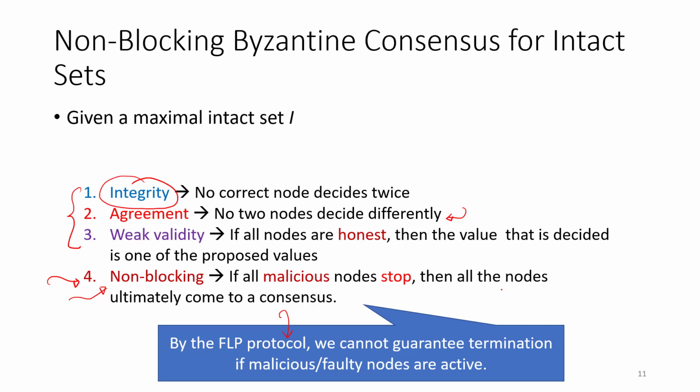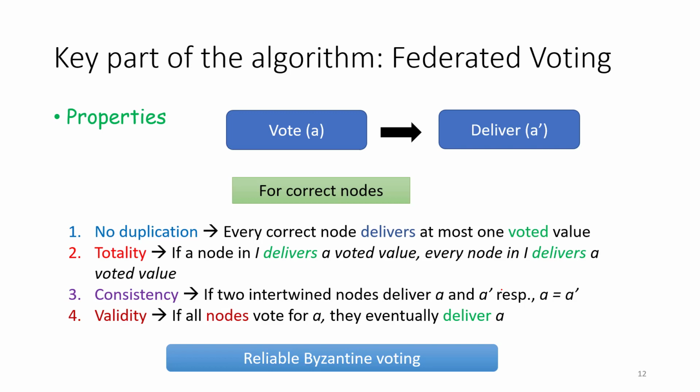So we have these four properties, which are the consensus guarantees you would like to have, at least for maximal intact sets. The key part of the algorithm is federated voting, which draws inspiration from two-phase commit. In this case, we have two phases. It's called vote and deliver, but later on we will see it's also called prepare and commit.